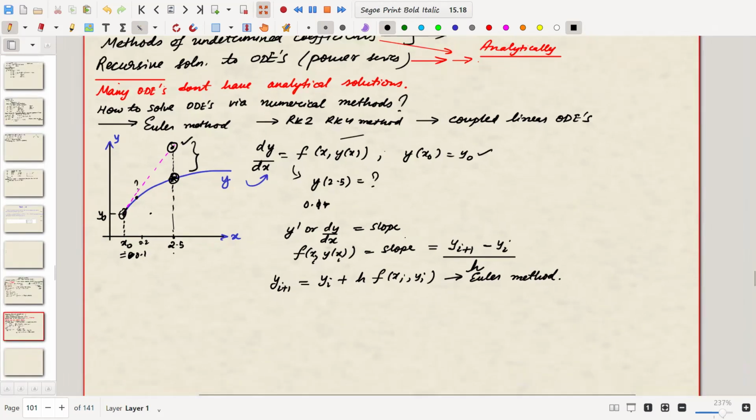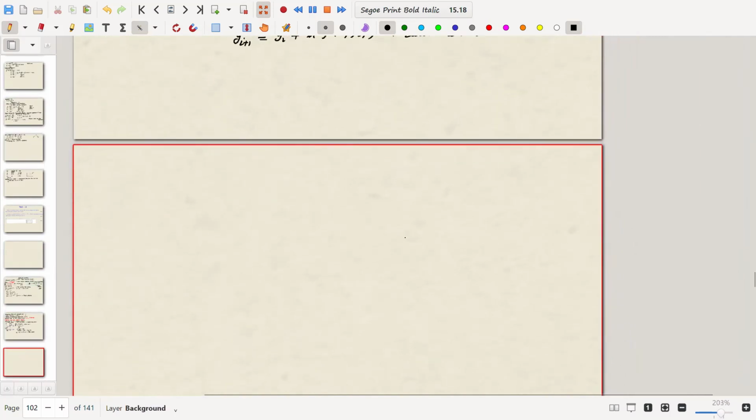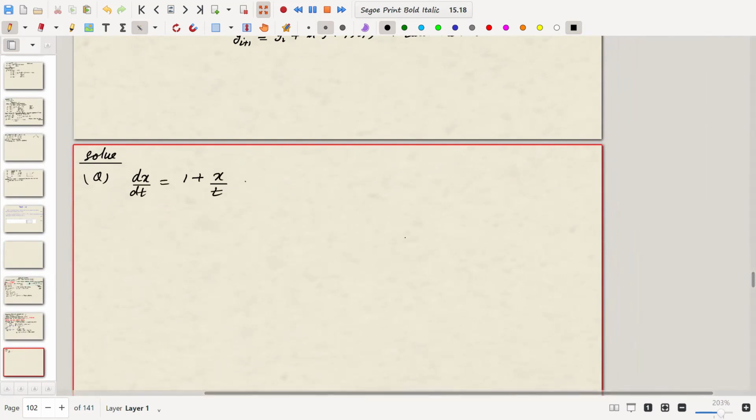So the idea is we have to solve this question numerically. You have this differential equation dx by dt equals 1 plus x by t, given that x of 1 is equal to 1. Your job is to find the function x.